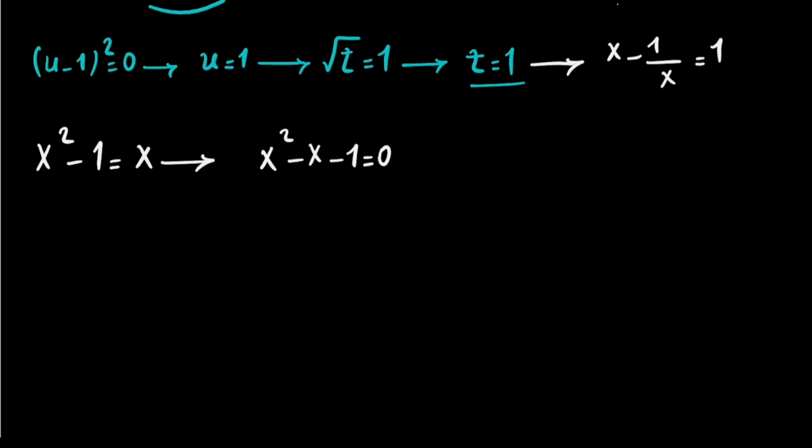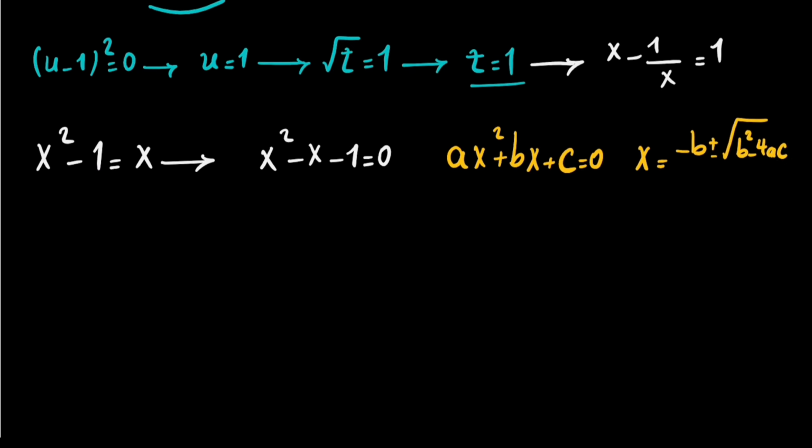And of course, in most of my videos, I use this formula. If you have ax squared plus bx plus c equal to 0, then x will be equal to minus b, positive and negative square root of (b squared minus 4ac), divided by 2a. I've proved it in one of my videos, and I put the link of that video in the description. If you don't know, you can check that. So here we continue: a is equal to positive 1, b is negative 1, c is negative 1.